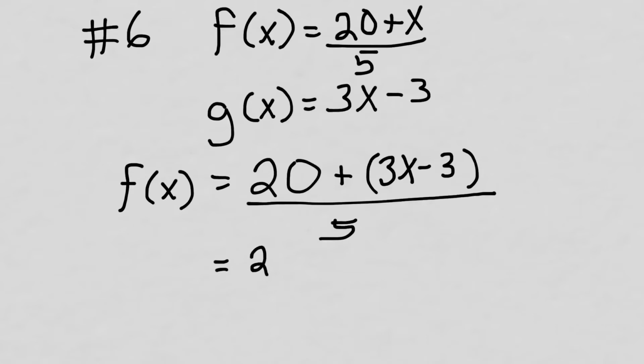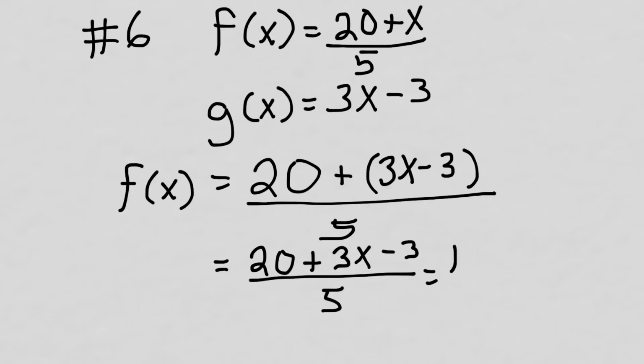We end up with 20 plus 3x minus 3 over 5, which equals 20 minus 3, which is going to be 17, plus 3x over 5. That's for all intents and purposes as far as we can take this. So the answer is no, they are not inverses.